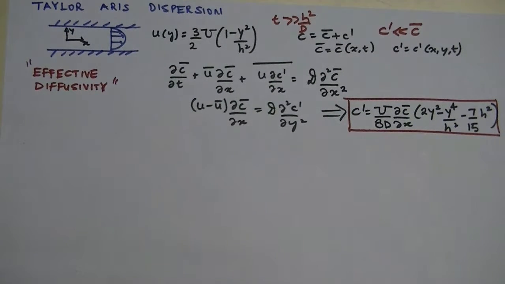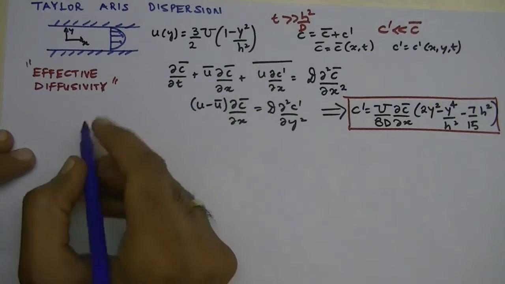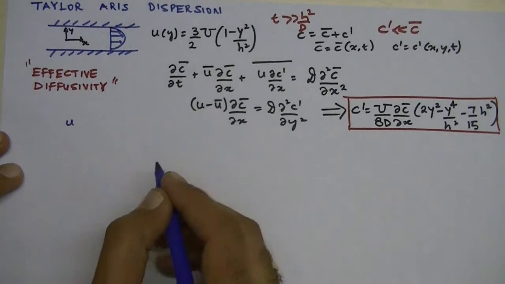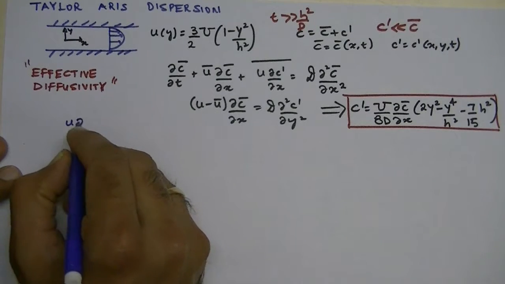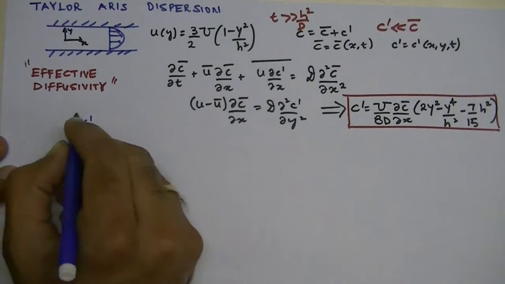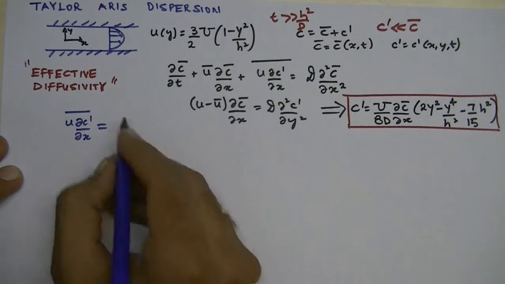So this term is U times del C prime by del X, and we are taking the depth average.